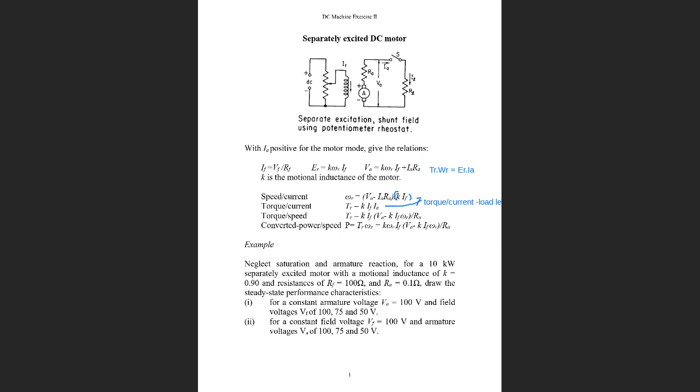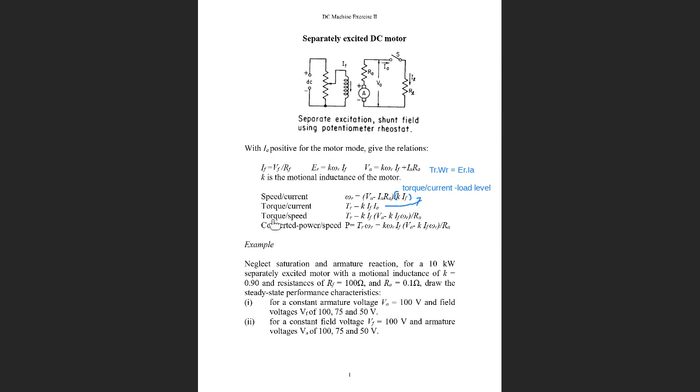So now you're understanding the statements that we said: in mechanical, the torque, and in electrical, the current, represent the loading levels. They have the same meaning. Because for a given motional inductance and field current, which determine the flux for induction, the torque and the armature current are proportional to each other.